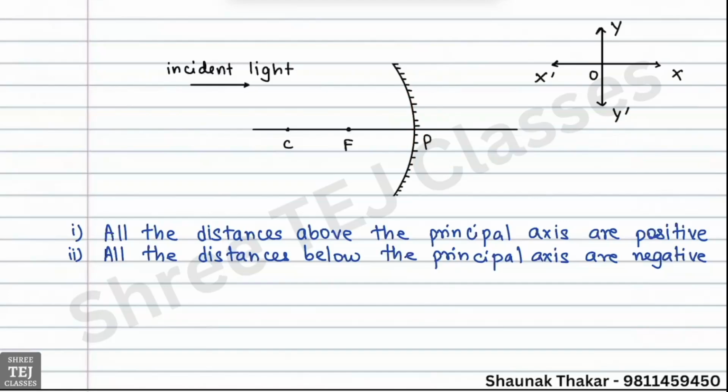Now let us consider the left of the mirror and right of the mirror. Now to the right of the mirror, we will have the positive x coordinates.